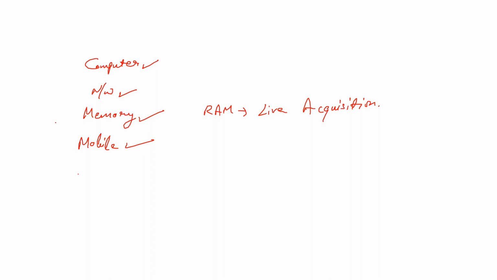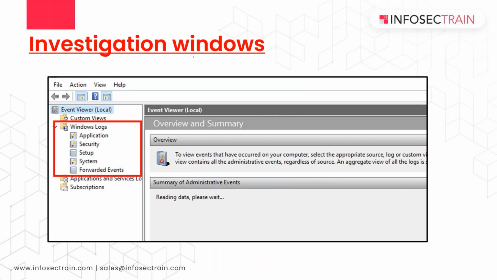Forensics is quite useful, guys. Moving to another part, investigation on Windows, we'll talk about that, but just to give you an idea, having a forensic team capability will always be beneficial for the organization.